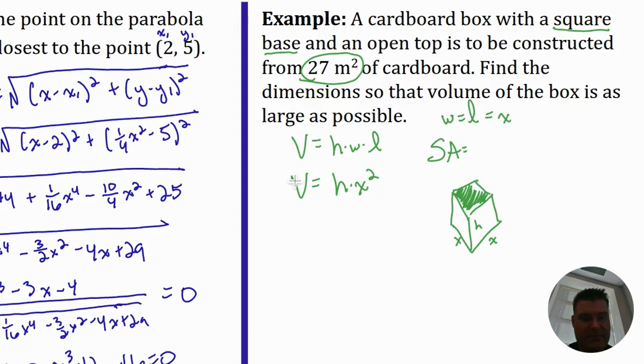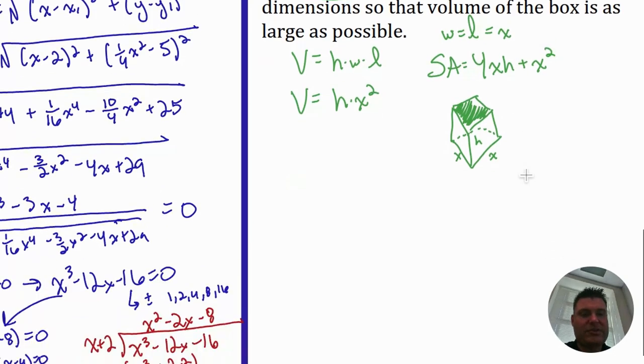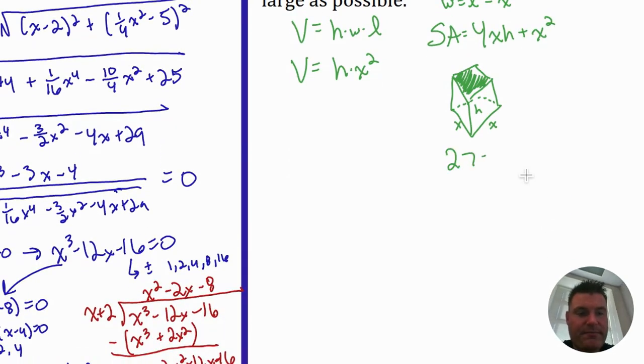One face right here, which is x times h, x times h on the face next to it, and there are 2 other sides, which means we have 4 x times h's plus our bottom part, which is going to be x squared. So that's our surface area of this box. So we do know that we have 27 equals 4xh plus x squared.